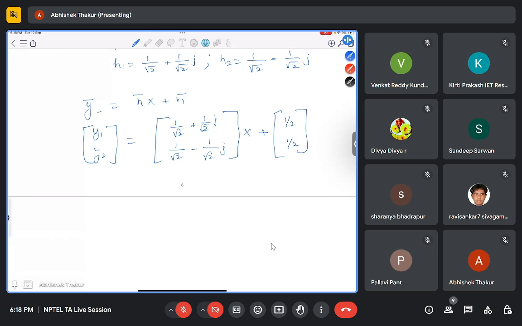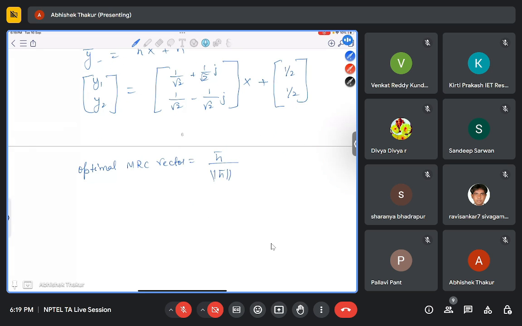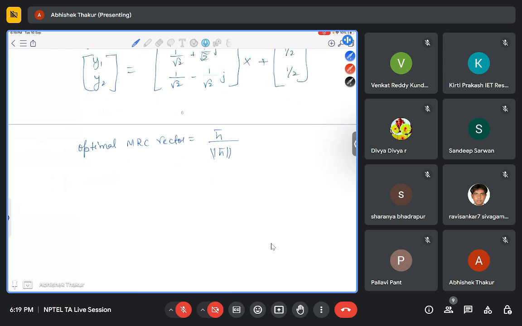Now using the maximal ratio vector, the optimal maximal ratio vector will be the unit vector because we are dividing the vector with its magnitude. So the MRC vector is just a unit vector.